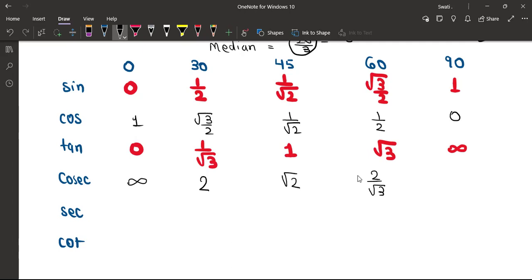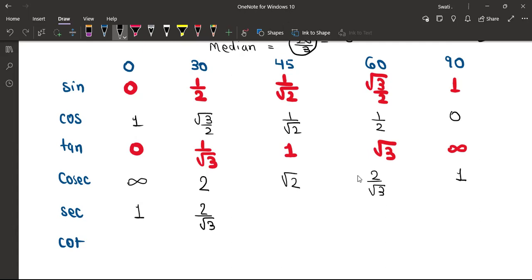1. That's correct. Sec. Sec 0. 1. That's correct. Sec 30. 2 upon root 3. That's correct. Sec 45.